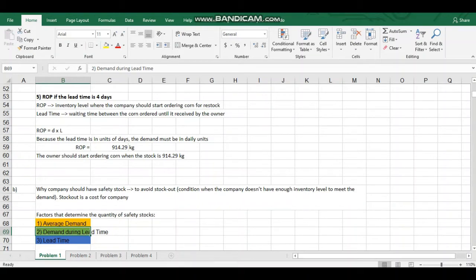So to fulfill the demand that appears during lead time, we use the safety stock. And then the third one is the lead time itself.